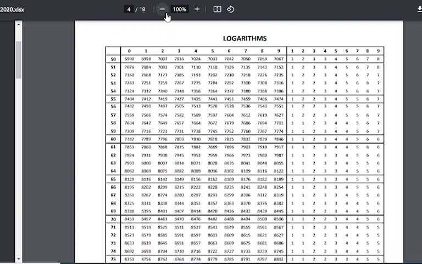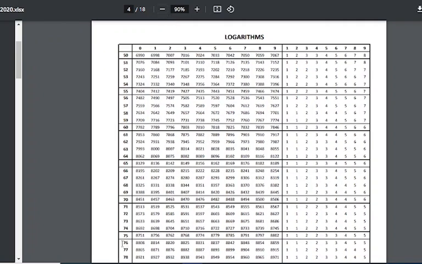Let's zoom out. This is 76. Remember the number is 76.7. So under 76, we go under 7, and then we trace it. So this is the number we're looking at. The number we're looking at is 8848.